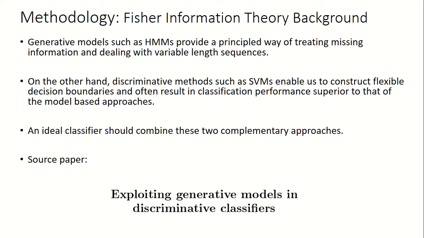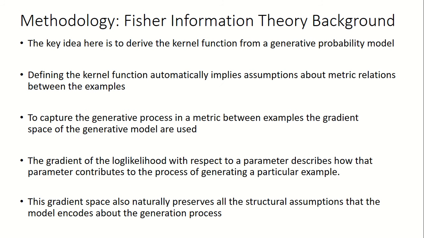The core idea of Fisher information theory was introduced based on these arguments in the following paper. The key idea here is to derive a kernel function from a generative probability model, like the RBF kernel that is used for SVM.